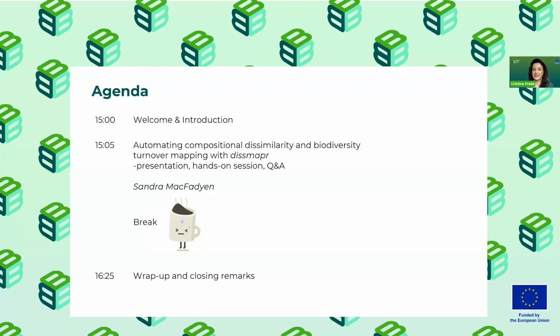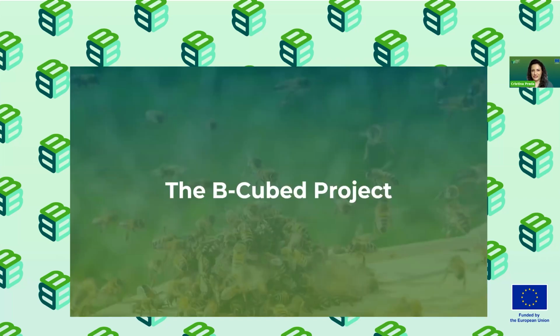So just for the people that are joining us for the first time, a little bit of context about the training series, which is organized in the framework of the B-Cubed project, which is a project funded by the European Union Horizon Research and Innovation Program.